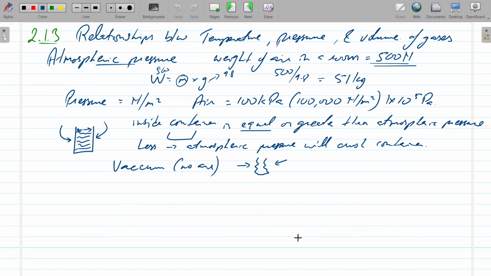Then we started talking about the relationship between temperature, pressure, and volume of gases. The first thing we covered is atmospheric pressure and the fact that there is a significant pressure being exerted by the air. It has a weight of about 500 newtons, which comes up to 100 kilopascals or 100,000 pascals.